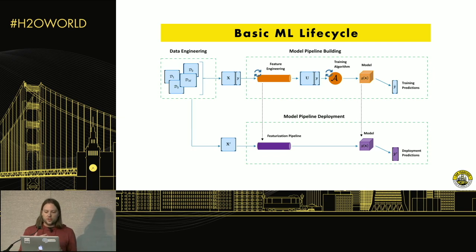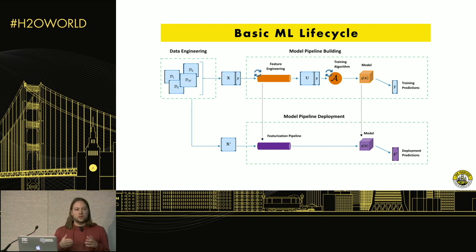So we do the featurization, and then we apply the scoring or predict method of the model. Again, this can be Spark, this can be H2O, this can be your custom prediction pipeline written in Java or any other language. This is still abstract.